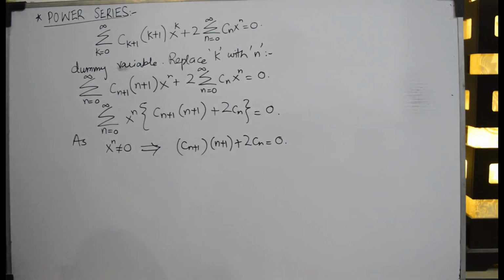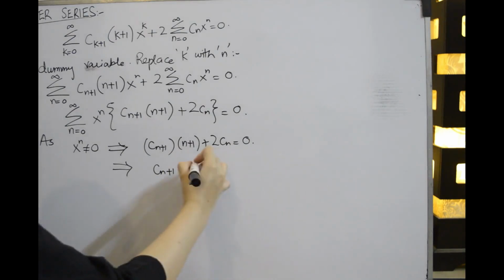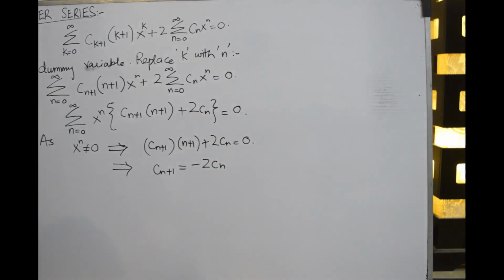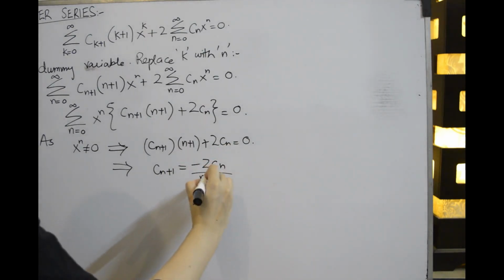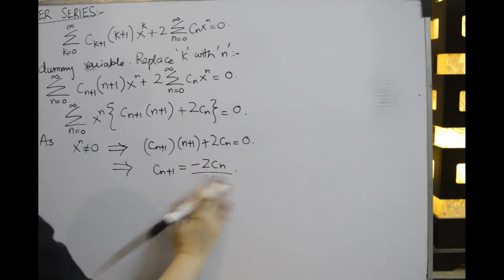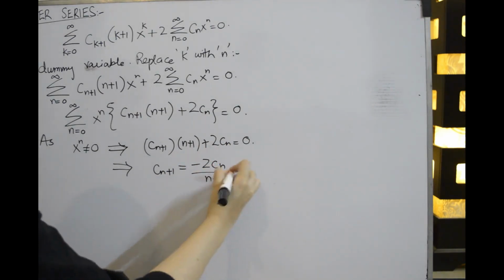Now that generates the recursive formula. If you take the 2Cn to the other side, it becomes minus 2Cn, and if I divide it by n plus 1, then it becomes this.